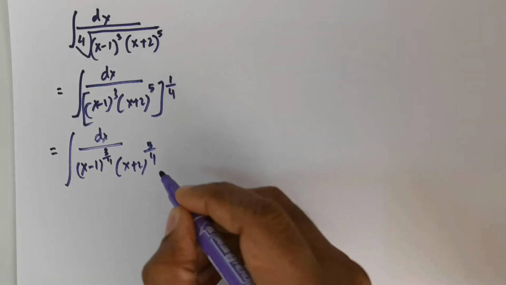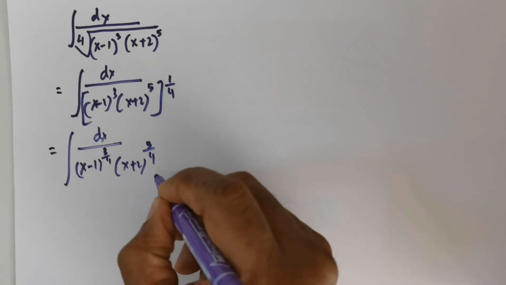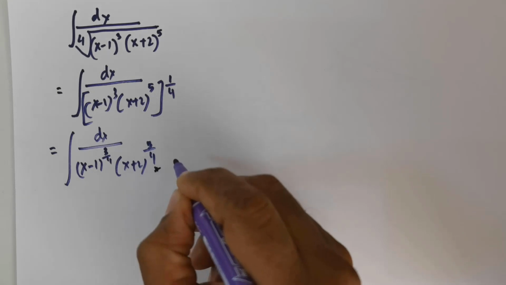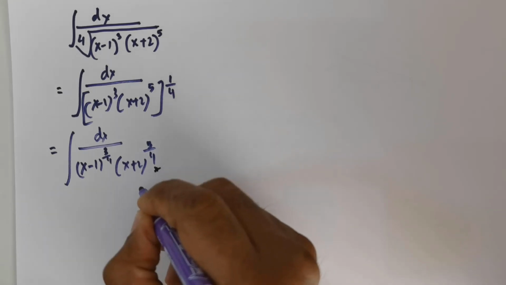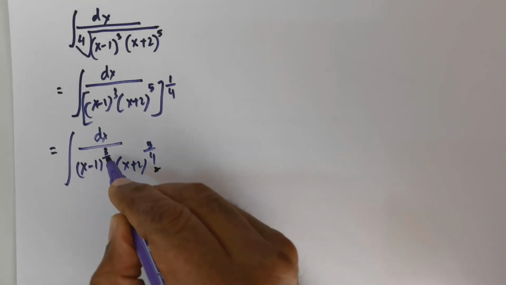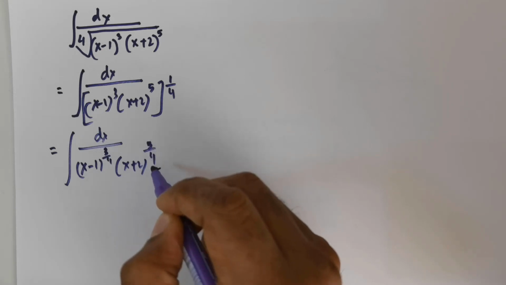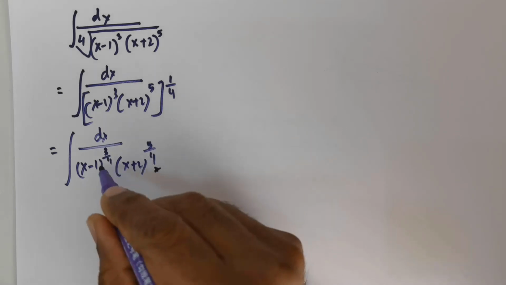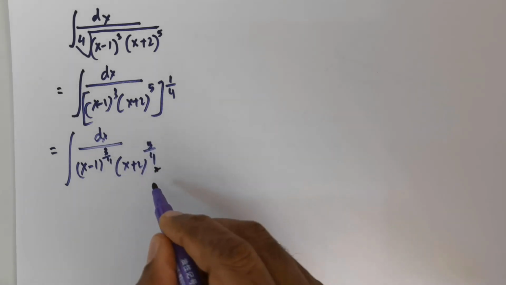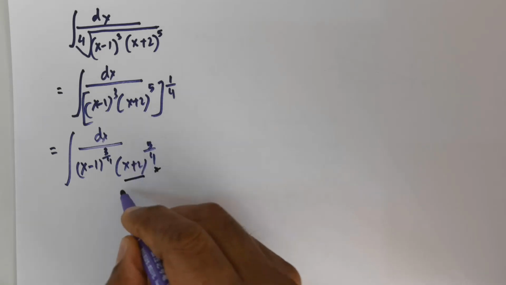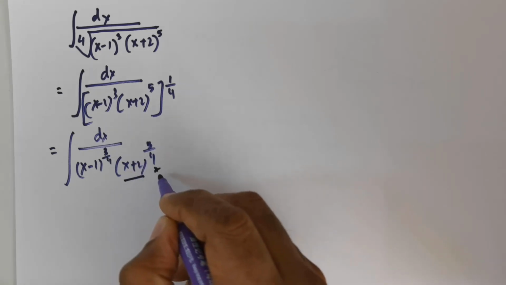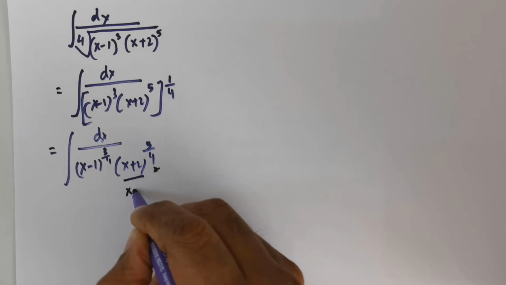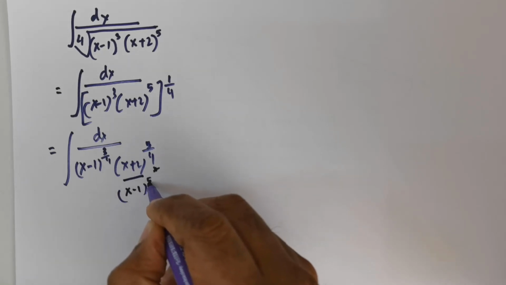How is that possible? That is possible only if I multiply and divide by (x − 1) raised to the power of 5 over 4, not 3 over 4 but 5 over 4. So I am multiplying by 1 over (x − 1) raised to the power of 5 over 4.